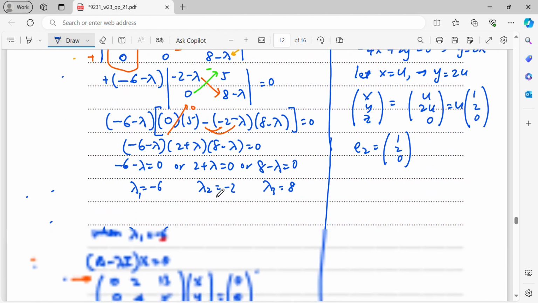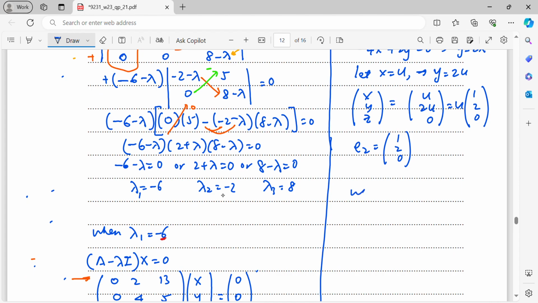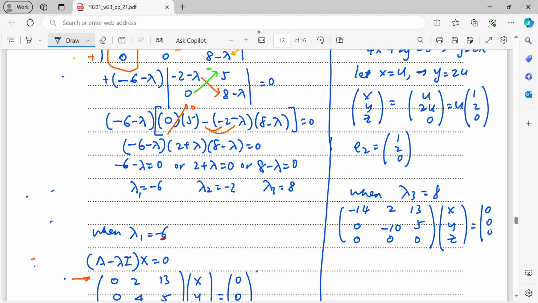Okay, and now for the last lambda. When lambda 3 equals 8, the corresponding matrix will be [-14, 2, 3; 0, -10, 5; 0, 0, 0], and then I will get x, y, z equals all 0.